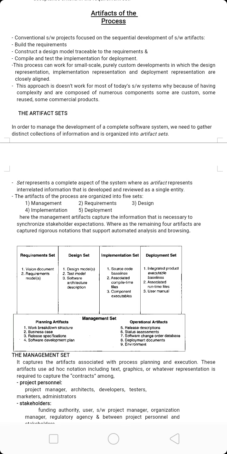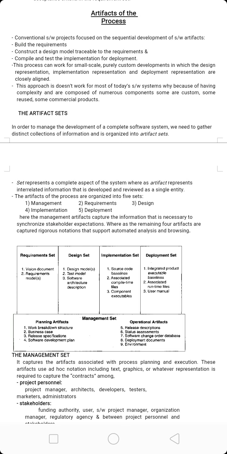Each set comprises related artifacts that are persistent and in a uniform representation format, such as English text, C++, Visual Basic, Java, or any standard template document, or a standard spreadsheet, or a UML model. You are taking these for representing the artifact sets.